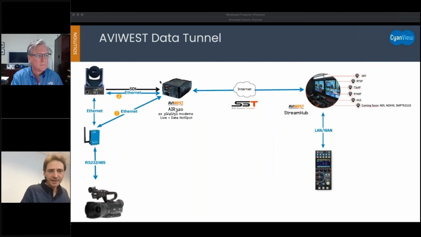And I have the 1 and 2 here. Usually we're going to use the radio. That means that the RCP is going to talk to the radio, which is going to convert then to the protocol used by a serial camera or an IP camera. This is the way that we can make sure that it works. But sometimes, depending on the latency, depending on the camera, if you have an IP camera, it might directly work from the RCP to the camera.